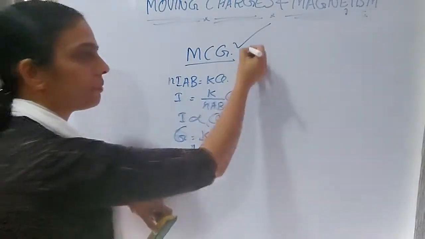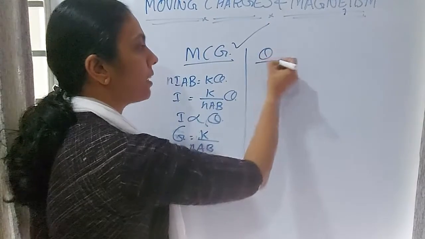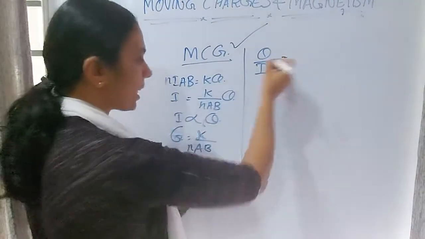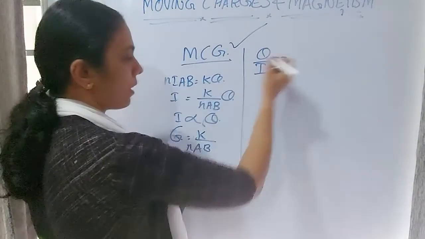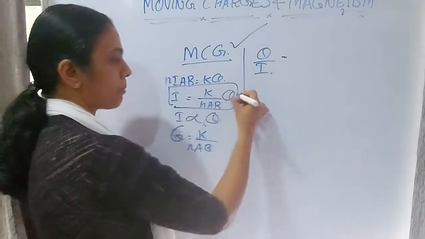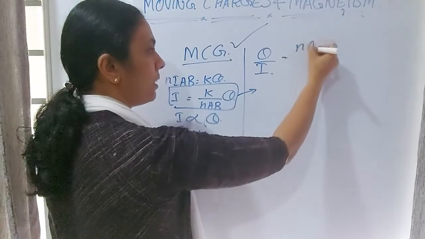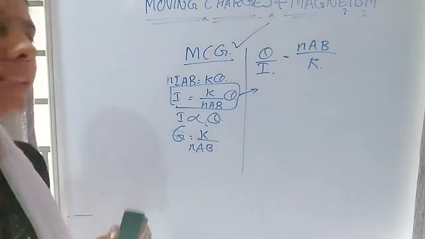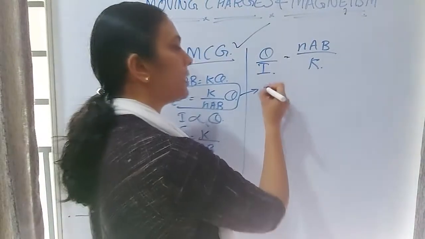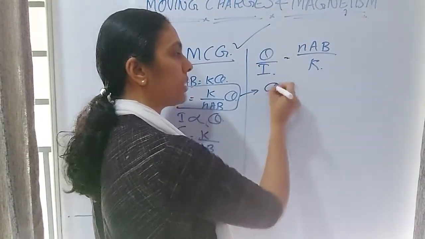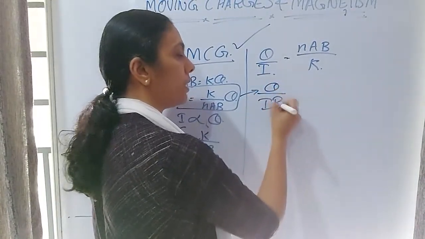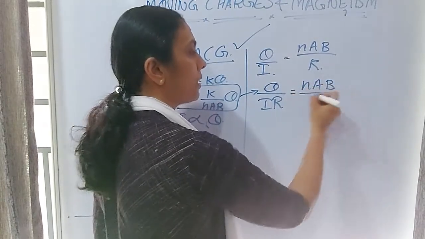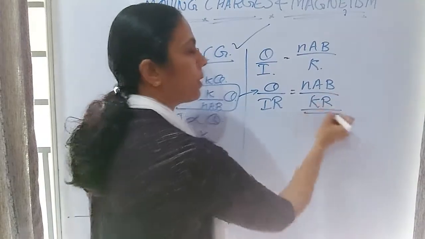Here we found out the current sensitivity equals theta by I. From this equation we can write theta by I equals NAB by K. This is the current sensitivity. And if we are calculating voltage sensitivity, theta by V equals theta by IR, so we got it as NAB by KR. This much we will be getting.